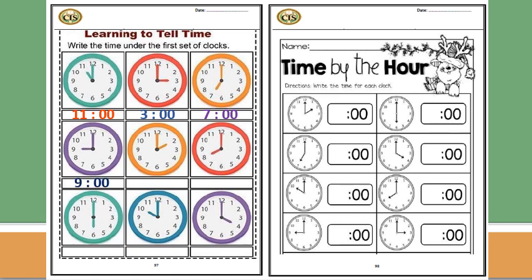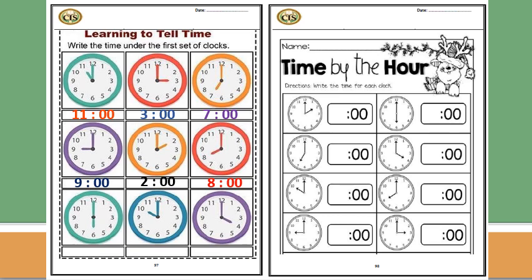Here, the short hand points to 2 and the long hand points to 12. In digital form, it means 2:00. Here, the short hand points to 8 and the long hand points to 12. It means 8:00.